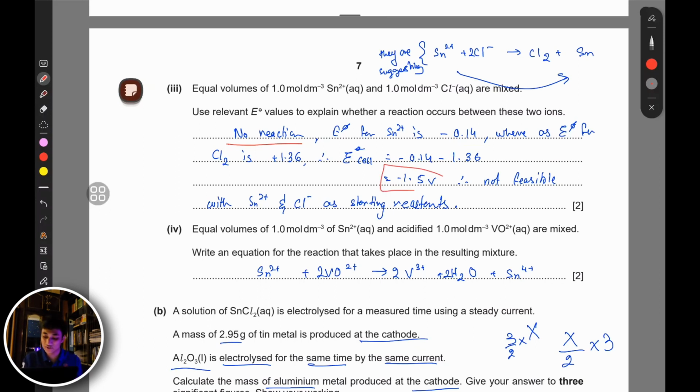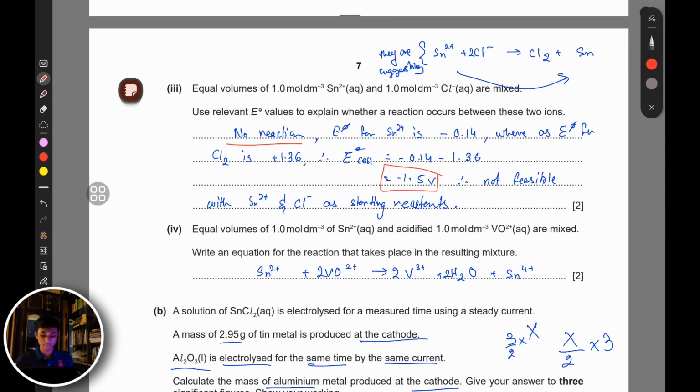From this you get a negative Ecell value. What does that mean? That basically means that the reaction is not feasible. Therefore, this reaction is not going to take place.